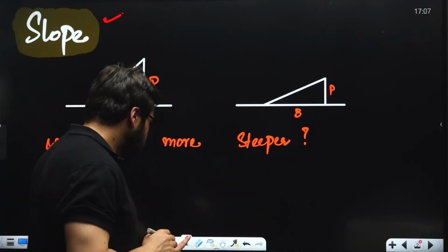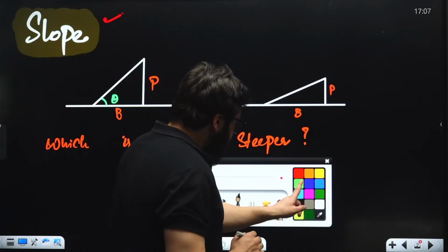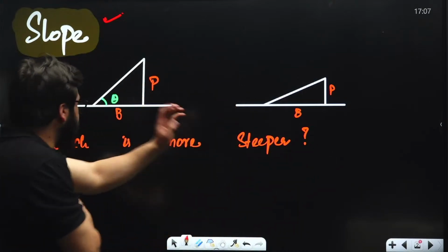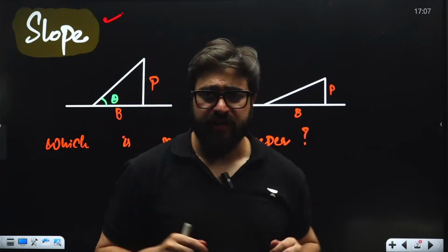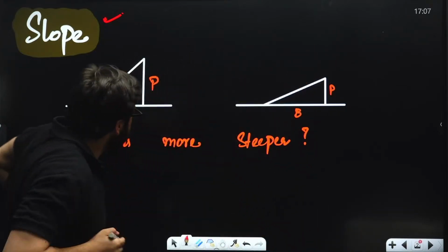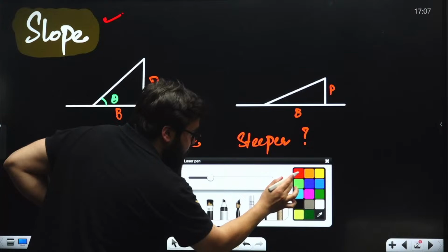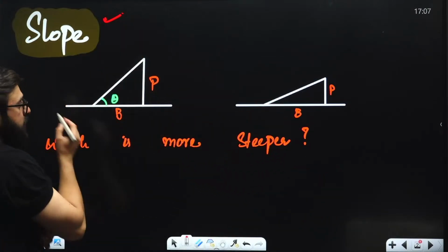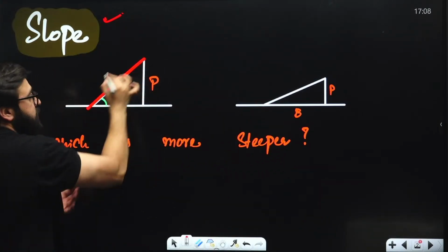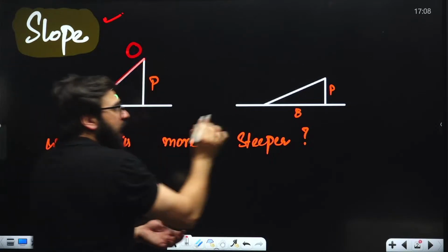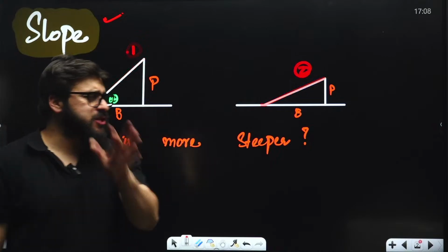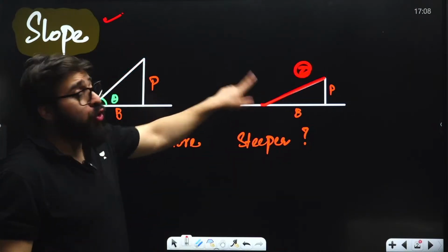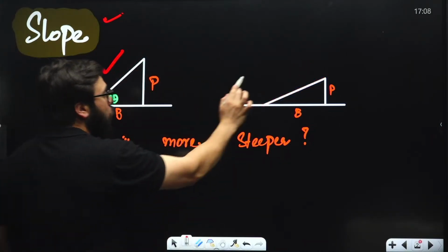When it comes to slope, the basic and simple definition of slope is how much steepness there is. Say I have got two lines, this is the first line and this is the second line. You are supposed to tell me which is steeper, this one or this one.